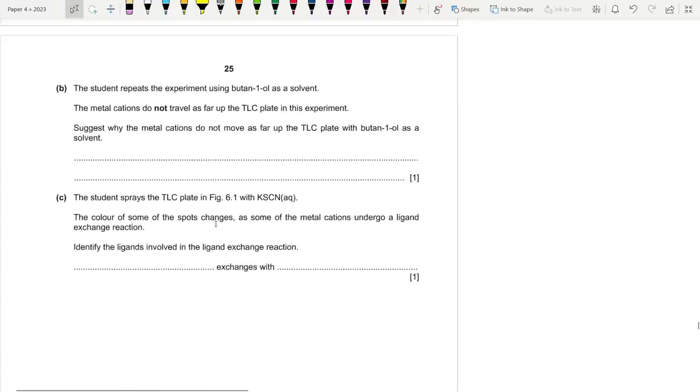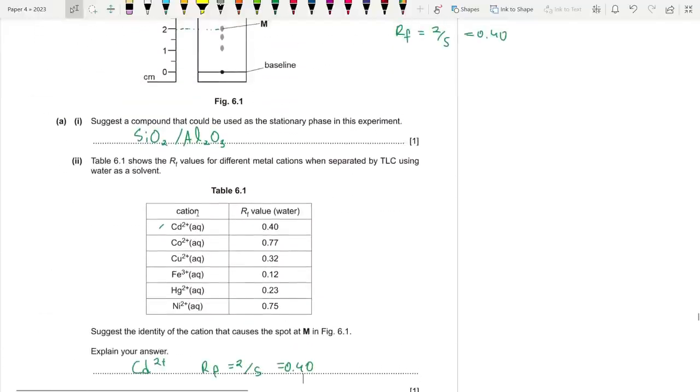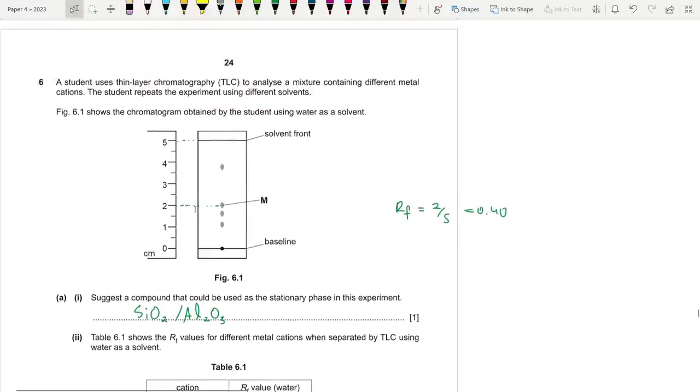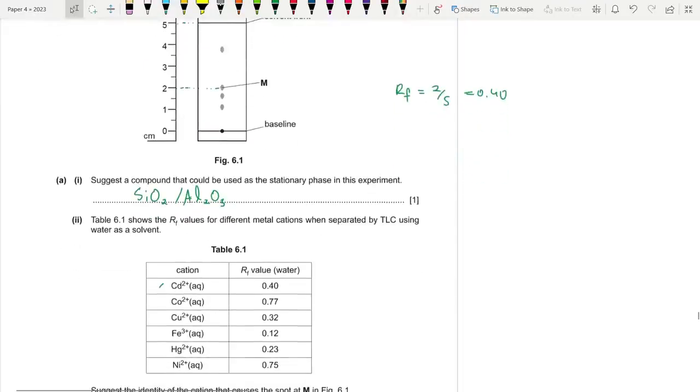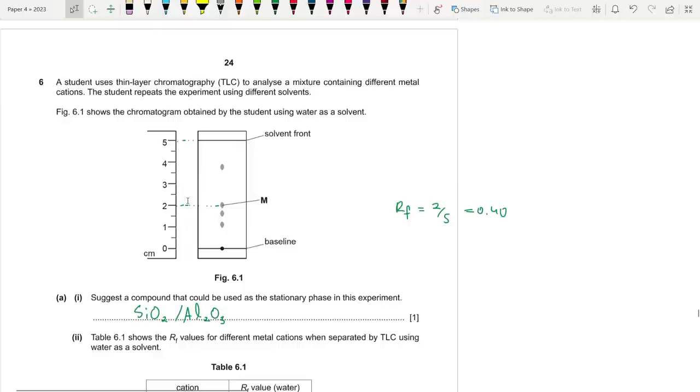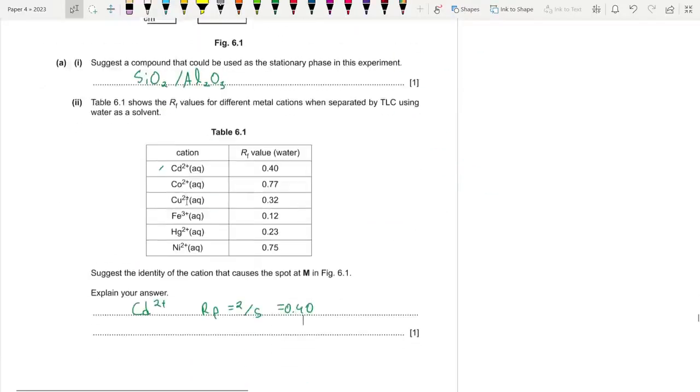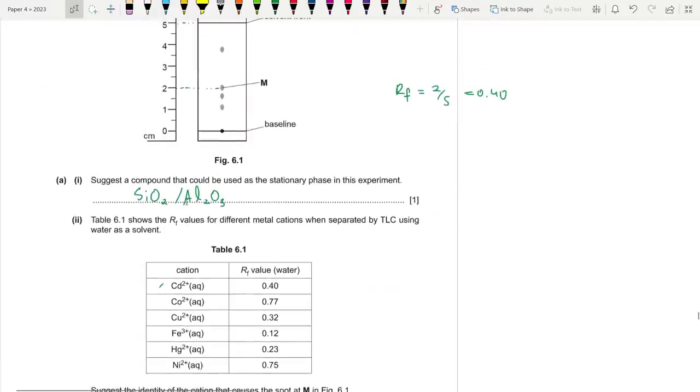The student repeats the experiment using butan-1-ol as a solvent. The metal cations do not travel as far up the TLC plate in this experiment. Explain why. We used water before, and now we're using butan-1-ol, which is an alcohol. These cations were very soluble in water.